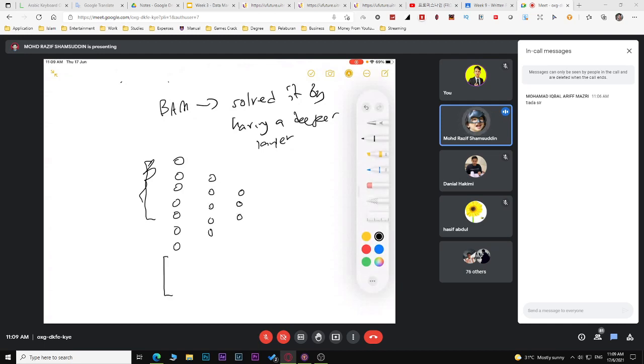Ini ada 7, ke bawah ini ada 5, ini ada 3. So ini map kepada sini, ini map kepada sini. So you ada 2 weight, weight sini dengan weight sini. Boleh kan? It's possible, right?